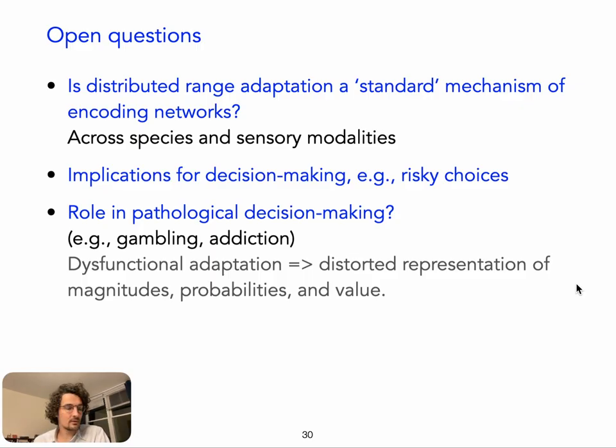Also, what is the role of this for pathological decision making of the kind that we can find in gambling and in addiction? And it might be the case that a breakdown in distributed range adaptation could underlie a distorted representation of magnitudes, of probabilities, of values that in turn would yield such pathological decision making.